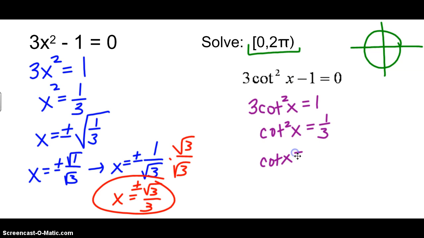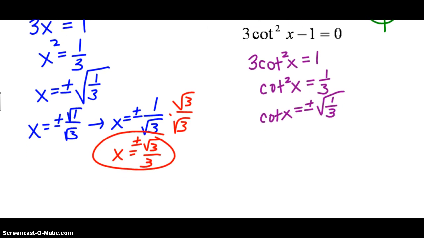Take a square root. I get plus or minus the square root of 1/3. Well, we already know from our warm-up that that means cotangent of x is equal to plus or minus root 3 over 3. So I'm looking for some angle that has an x over y value equal to positive root 3 over 3 and negative root 3 over 3.